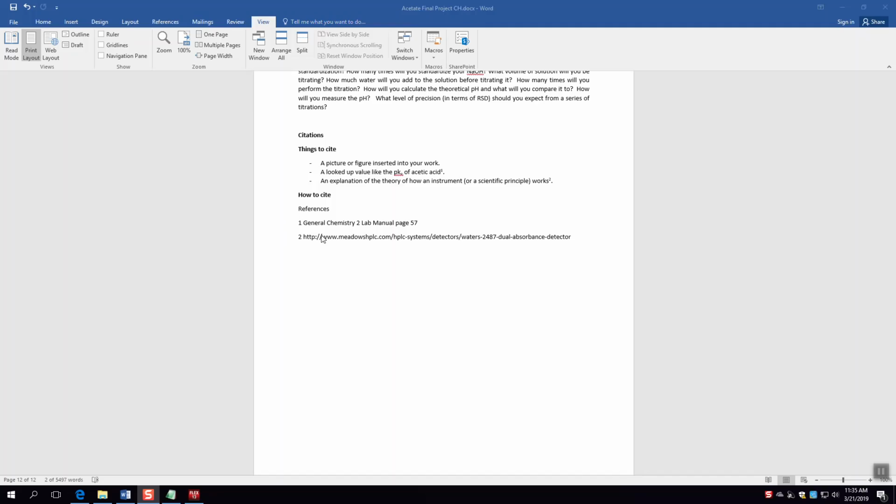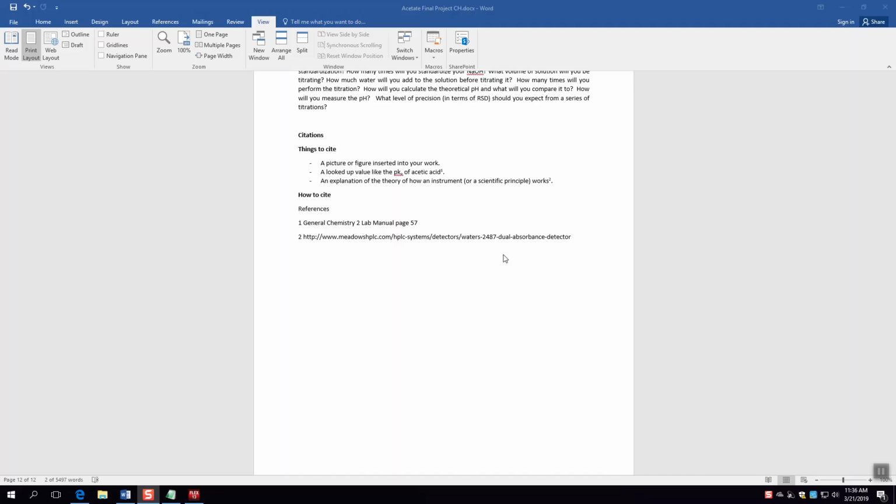And how you could cite them is simply, if it's from the lab manual, General Chemistry 2 lab manual, page 57, it's fine, or whatever page you used, of course. Or if you picked it from an internet source, just the web address. So you don't need to use MLA style here or any of this kind of stuff. You could just roughly cite your work based on if you took it from an external source.